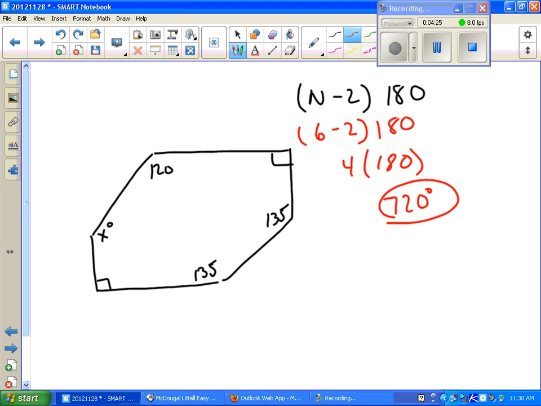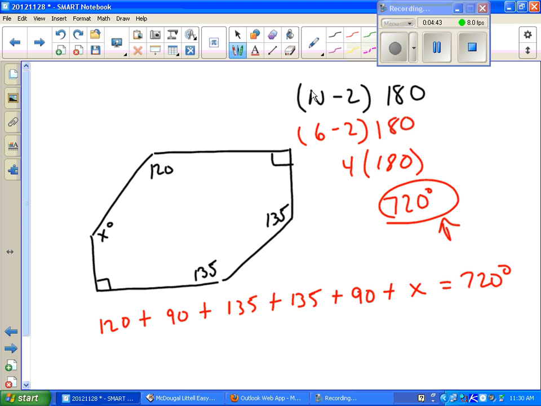Now you got to add up all of your angles: 120 plus 90 plus 135 plus 135 plus 130 plus 90 one more time plus the x that you don't know. That equals this total right here, 720.